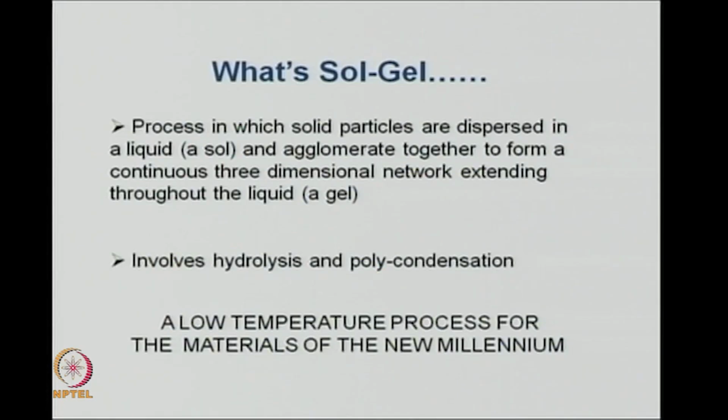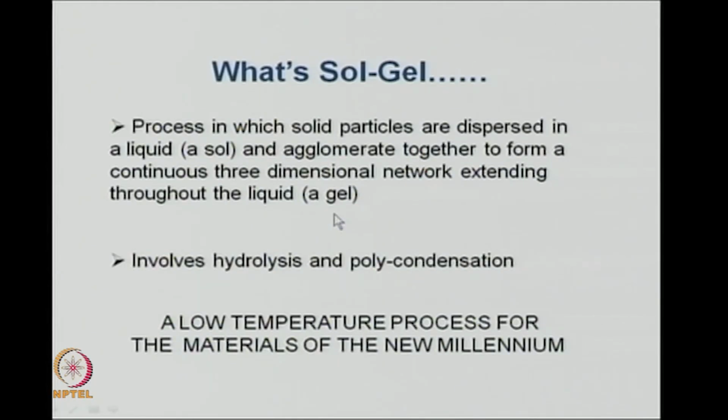In this sol gel technique, we have a process in which solid particles are dispersed in a liquid. This is called a sol, when you have very fine particles dispersed in a liquid, and then they agglomerate together to form a three-dimensional network, then it is called a gel.